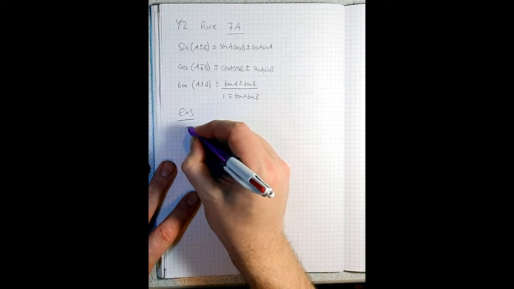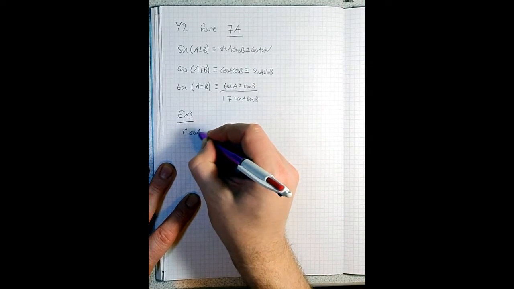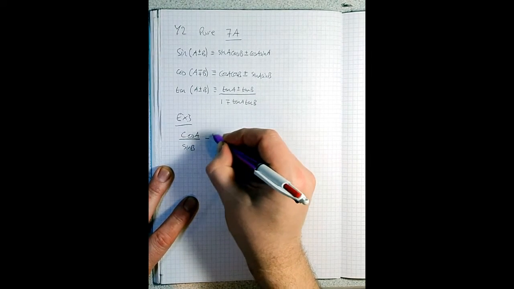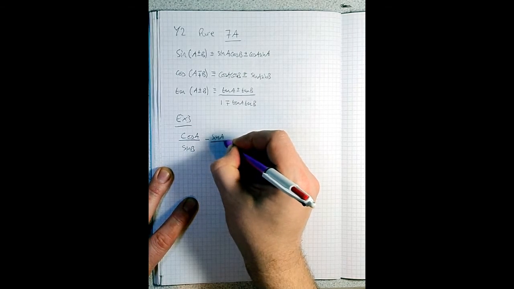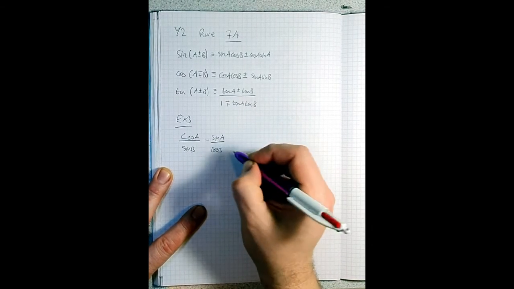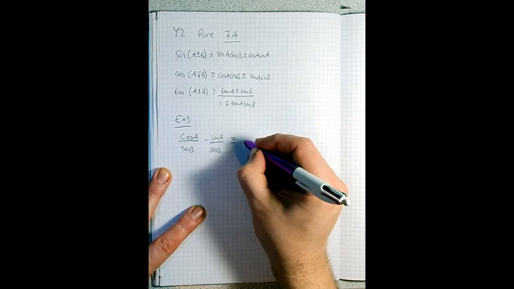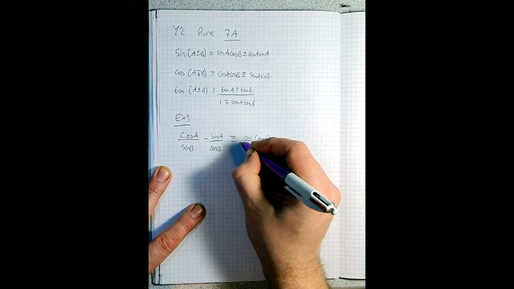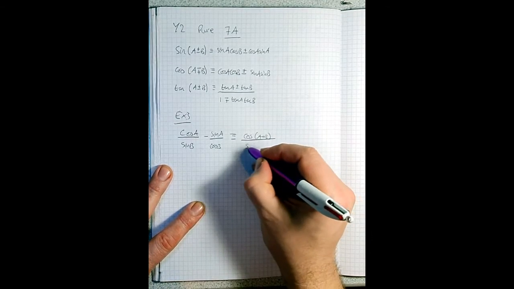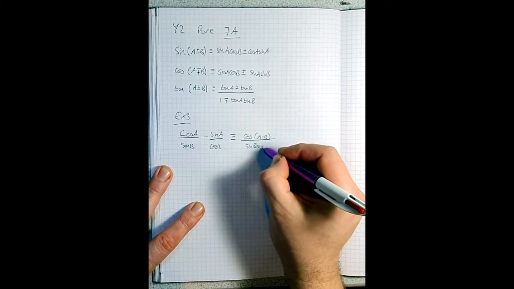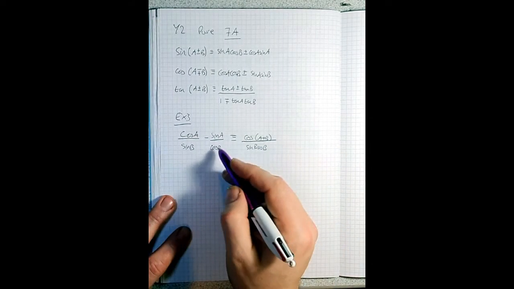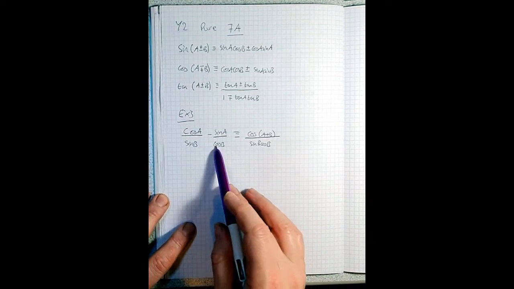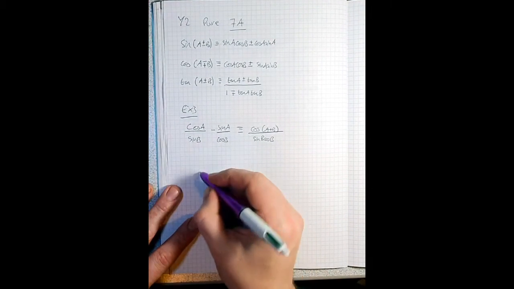Show that, prove this identity. If I look at the left hand side and try to write these as a single fraction, of course my common denominator will be sine B cos B, so straight away I'll get the denominator that I want.